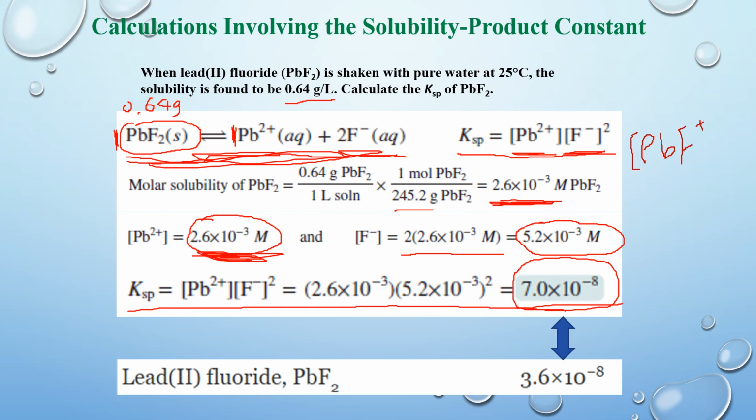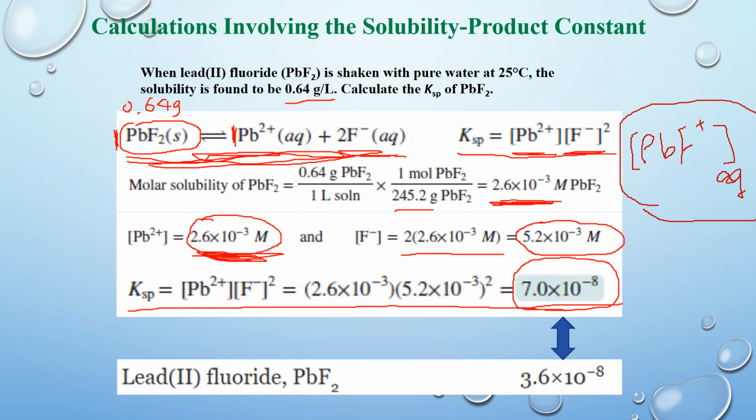So this is another possible species that exists in the solution, in the aqueous phase. We didn't account for the existence of this species in our calculation, but this species actually does exist. So that's why our calculation has a higher KSP value than the tabulated KSP value.